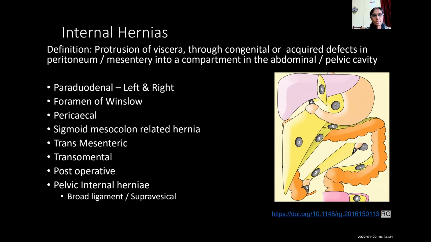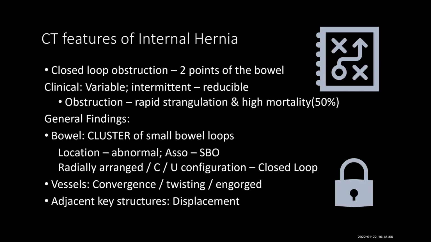And then try and see, how do I diagnose an internal hernia? So we'll have an overall feature of internal hernia, then some specific key features of each one of them. CT features of internal hernia: look for closed loop obstruction, where you have obstruction at 2 points in the bowel. All internal hernias generally present with a closed loop obstruction.